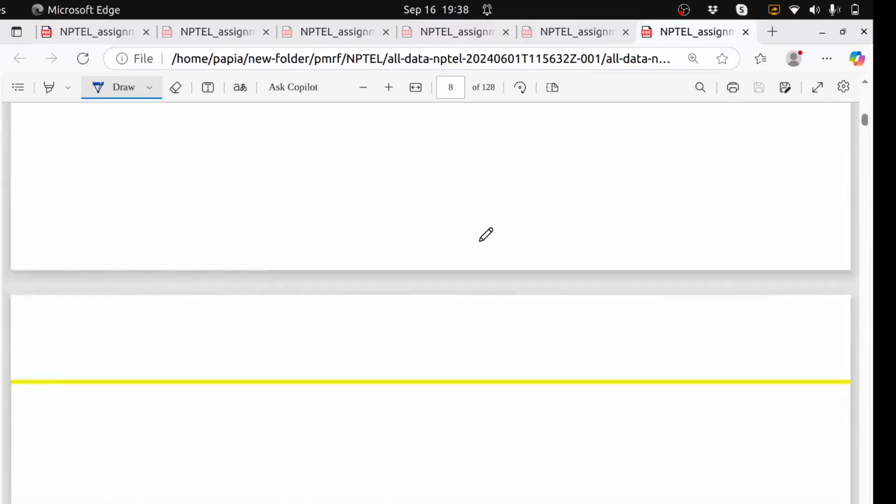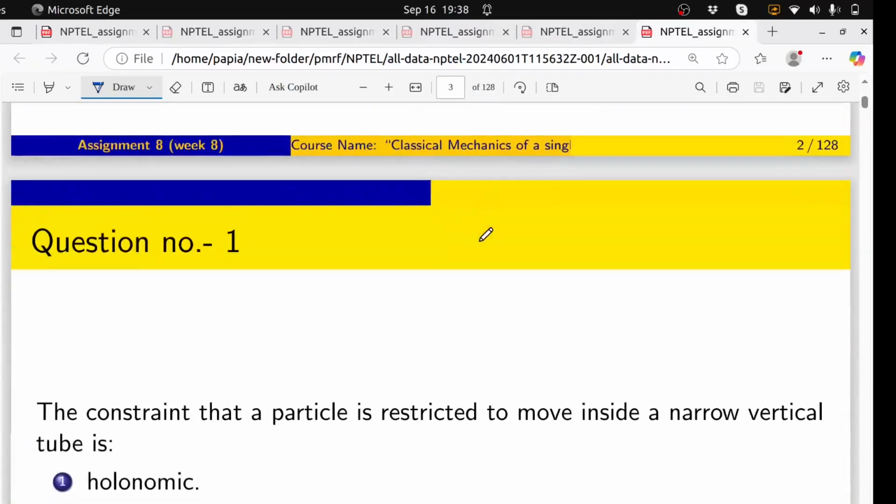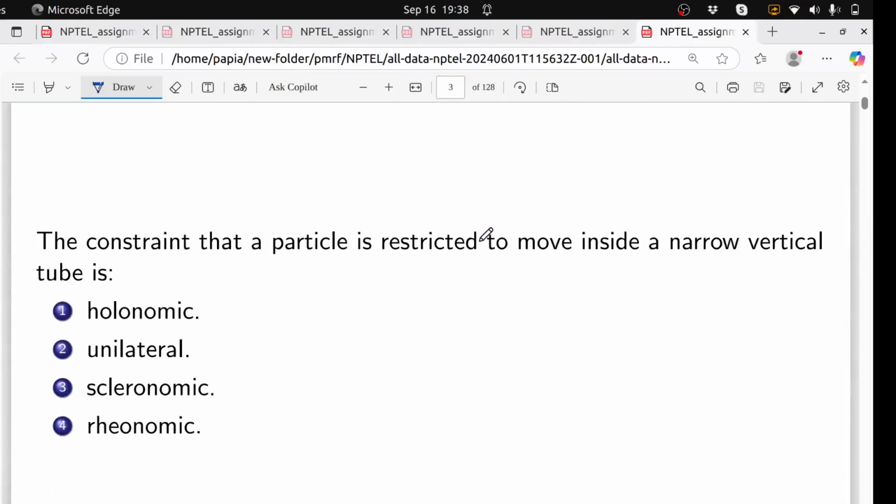So maybe I can go from the first. This is the first question, where we have that holonomic one. Actually not just holonomic, we have to tell explicitly. If we tell explicitly, then that will be a scleronomic one because it does not depend on time. So option 3 is correct.